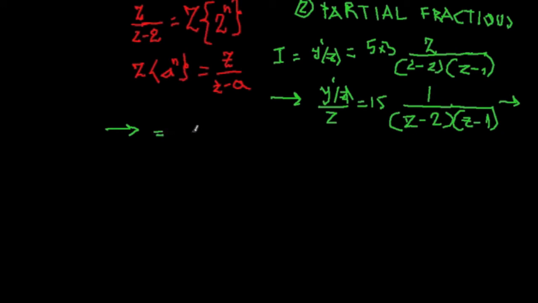Therefore, this becomes equal, and we can express this polynomial as a times z minus 2 plus b times z minus 1. Okay.